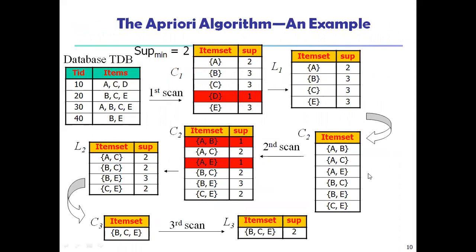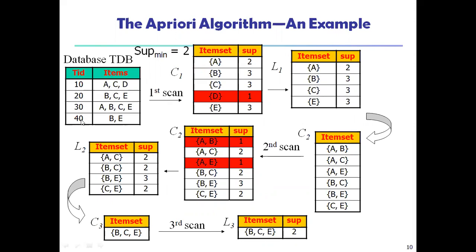See, for example, they have taken a database. You see there are 4 transactions: 10, 20, 30 and 40. In transaction 10, the items A, C, D have come together. In the second transaction, B, C and E have come together. In transaction 30, A, B, C, E have come together.